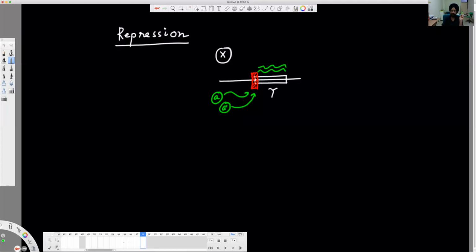However, if this red site, DNA site, let me write it as D. This is my D site, okay, DNA. If X is bound to this DNA, okay, then these activators cannot bind there and it will stop the transcription, isn't it?